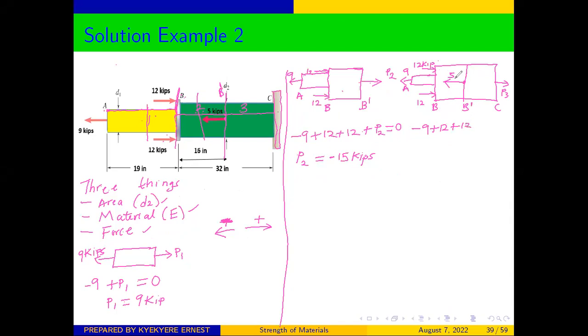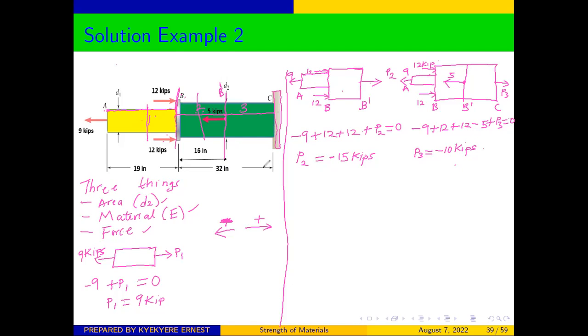And we have our 5 going to the left, minus 5. And we have P3 going to the right. So we can write plus P3 should be equal to 0. And from there, when you do the math, you find out that P3 is equal to negative 10 kips.